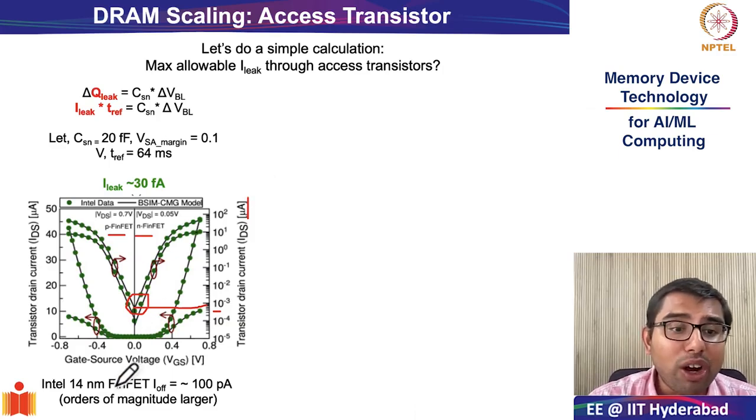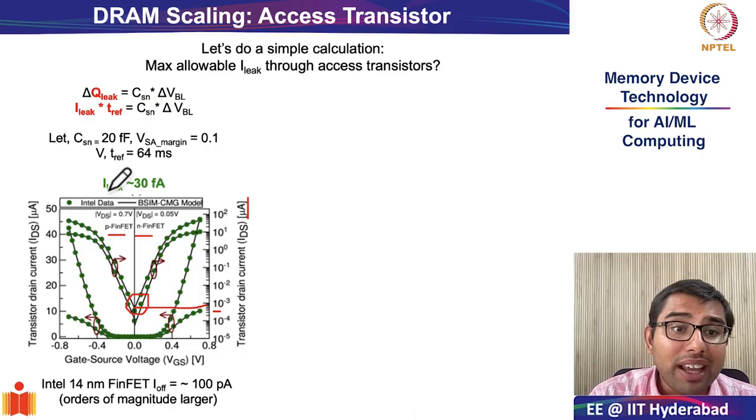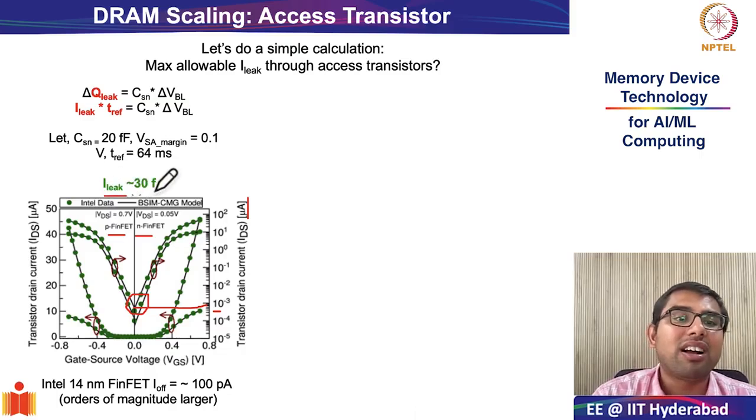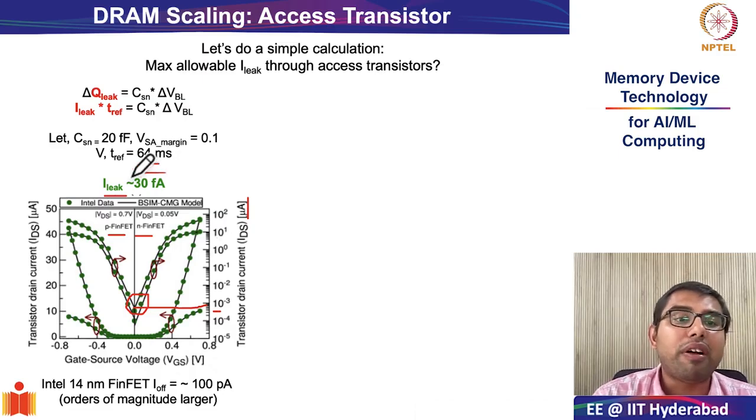Now, in 14 nanometer FinFET, the off current is on the order of hundreds of picoamps to 1 nanoamp. However, what we require as a leakage current to maintain the specification of 64 milliseconds is roughly 30 femtoamps.